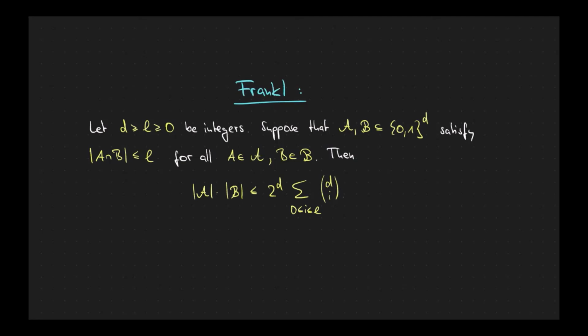And for us, L is 1 in some sense, okay? Then again, you have a bound on the product of the sizes of these two sets, which is this, okay? And if you plug in L equal to 1, then you get exactly our bound, okay? However, this is just for sets. So this is just for 0, 1 vectors. Now, in our case, we have arbitrary vectors, okay? So we have to work much more.